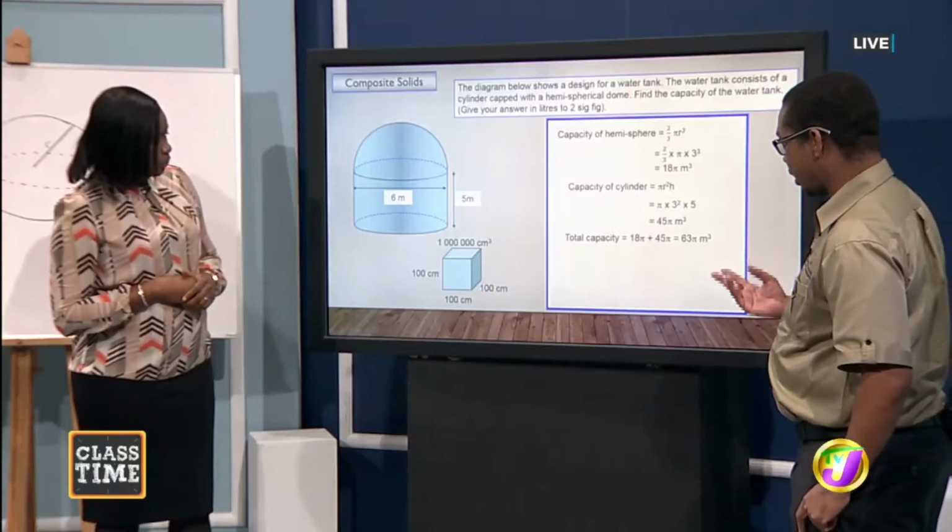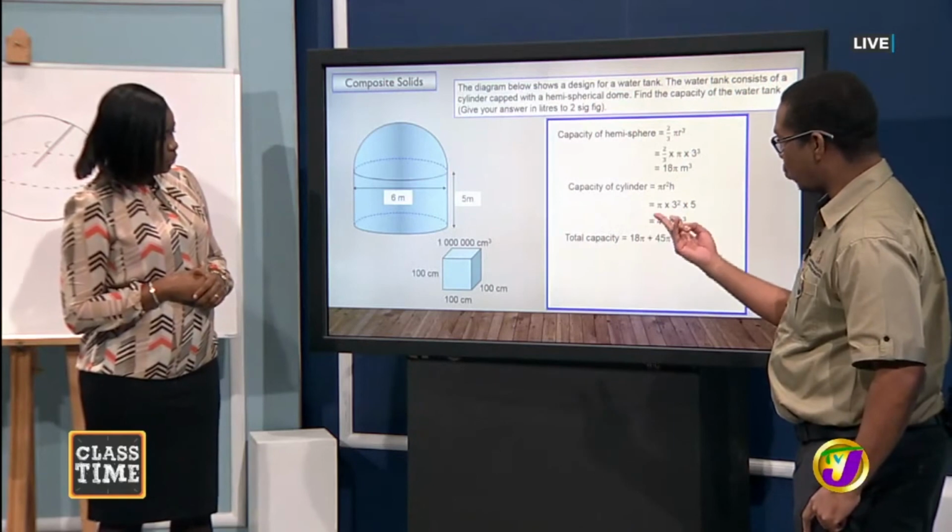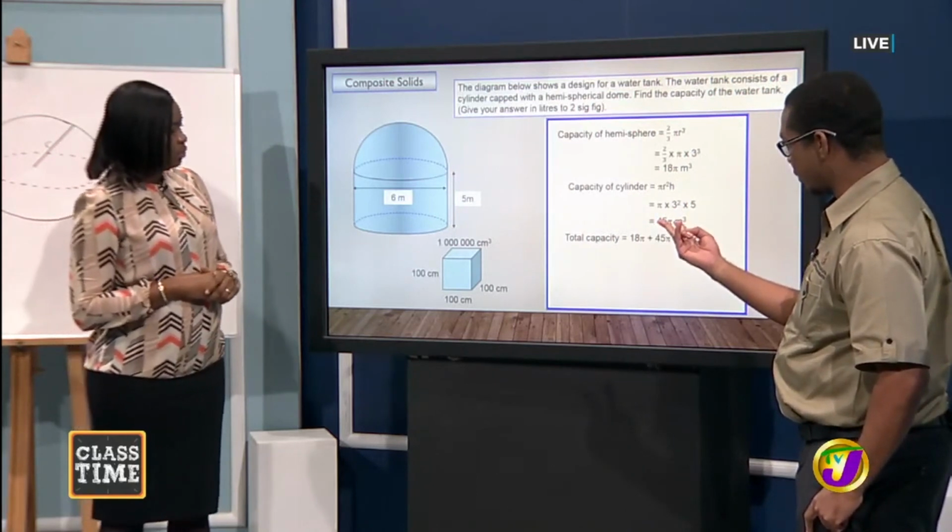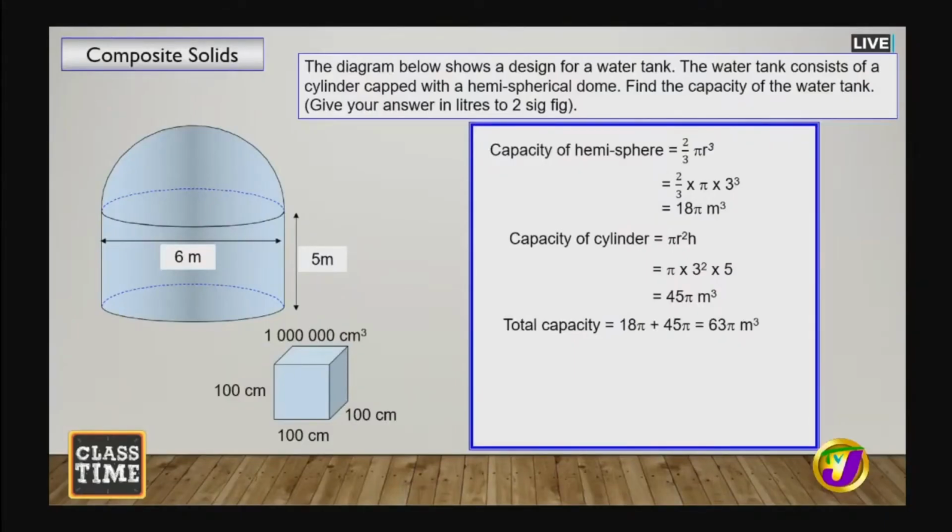Here we can see if each dimension is 100 centimeters, the volume, this was originally one meter multiplied by 1 meter multiplied by 1 meter. And we changed those values, those 1 meter to centimeters, which is 100 centimeters each.